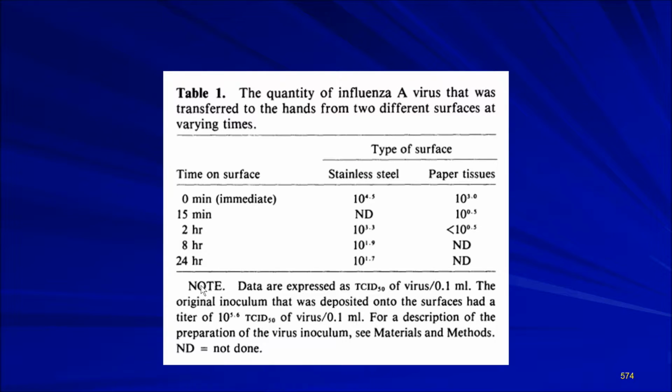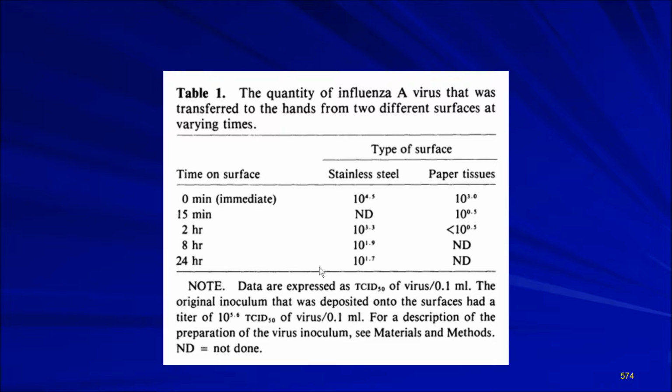So when we look at this table, what we can see is that this diagram shows how many viable influenza viruses, the number of viruses that can cause infection, in TCID, expressed in TCID 50 down here. It's basically a unit of measurement to give you an idea of how many viruses there are.